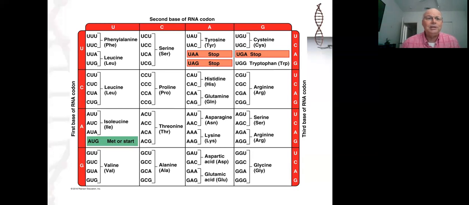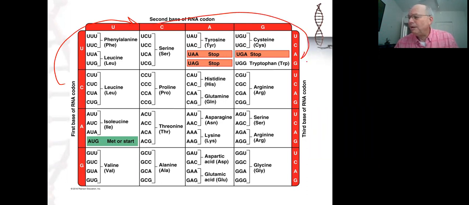So that tells you that we're dealing with the information in the messenger RNA, which is, after all, what is going to be translated. So the codons are always represented as the sequence of nucleotides as you would find them in the messenger RNA. So we read this diagram by looking at this one first, then we come round and pick up this one, then we come round and pick up the one on this side.